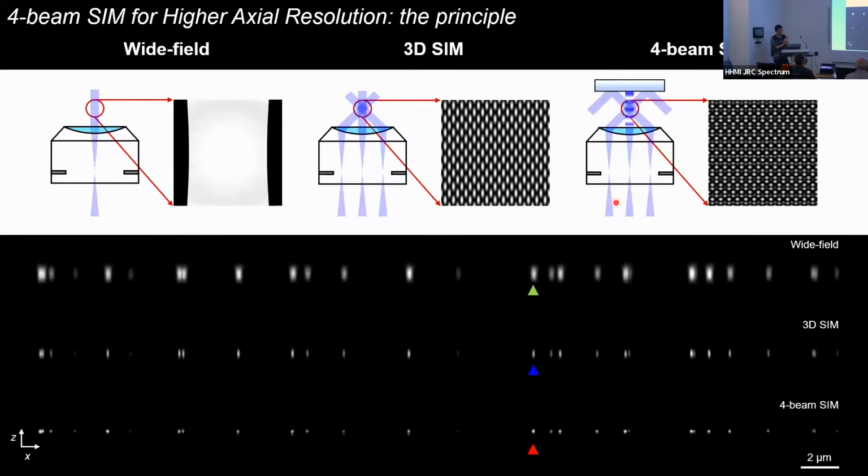So we first characterized the 4-beam SIM imaging capability by imaging 100 nanometer yellow-green beads here, which is quite standard for the PSF measurement. And from the XZ view, here is all the XZ view from the wide field, 3D SIM, and the 4-beam SIM. We can already see that our 4-beam SIM makes the beads look significantly smaller along the Z direction.